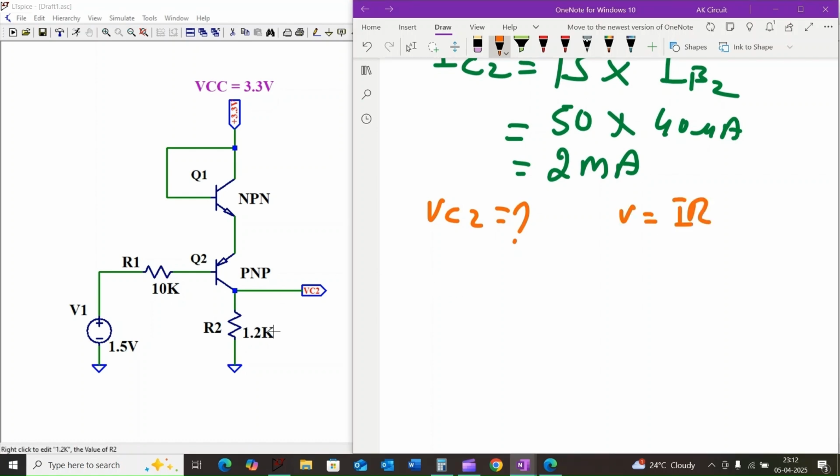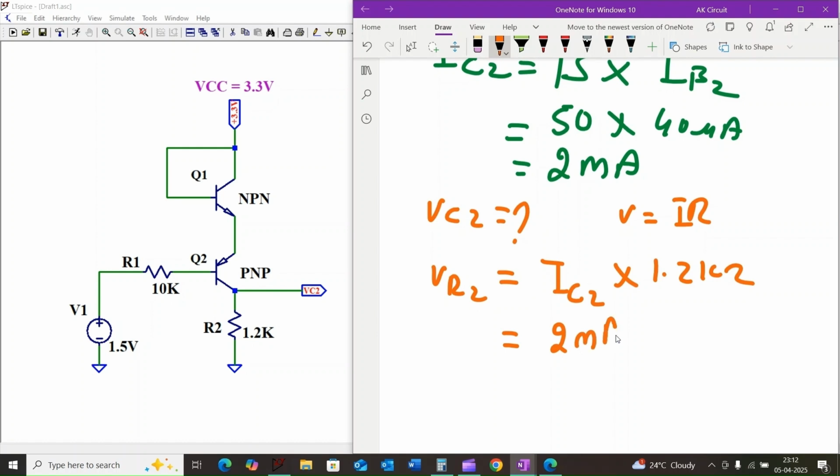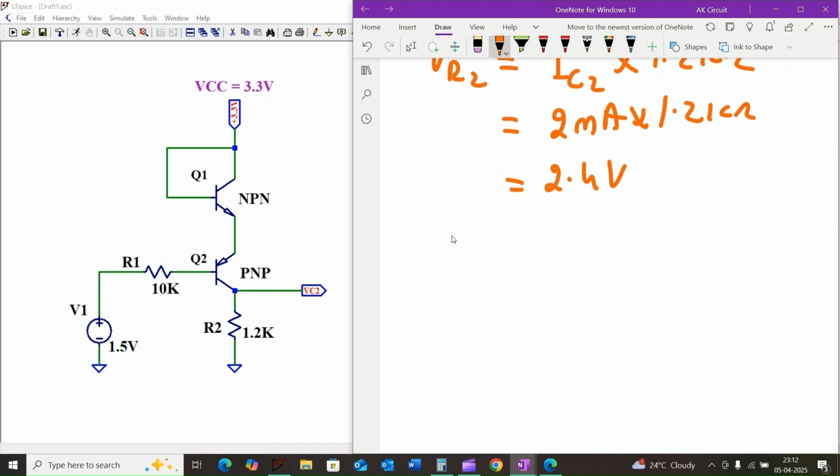So the voltage drop across the resistor R2, VR2, is equal to IC2 times 1.2 kilo ohm, which is 2 milliamps times 1.2 kilo ohm. If we simplify, we get 2.4 volt. Therefore, the collector voltage VC2 is equal to 2.4 volt, and that's how we find the collector voltage VC2 in this circuit.